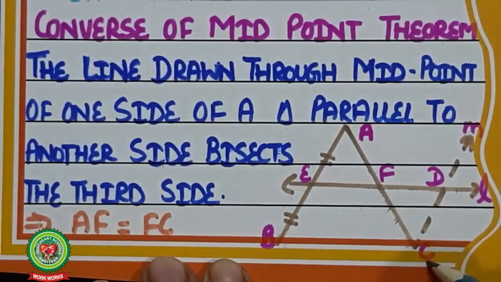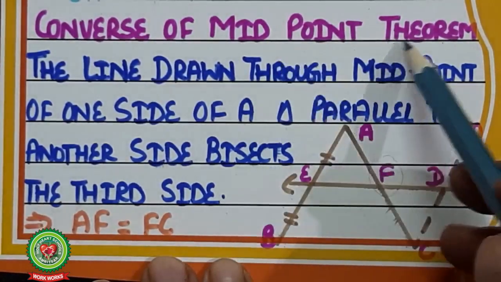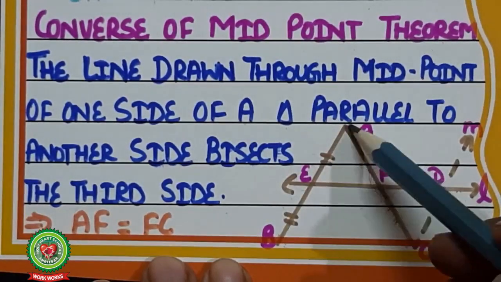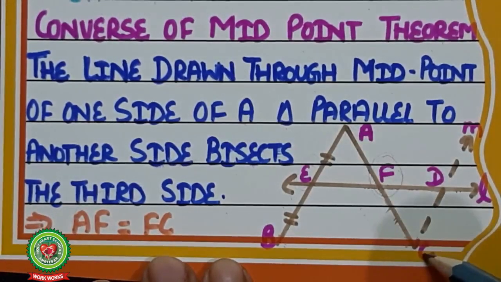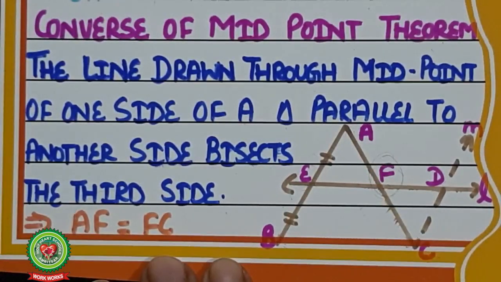This is the third side, and this is the result of the converse of midpoint theorem: F is the midpoint of AC. It means AF equals FC because it bisects AC. Hence, we will do one question related to this result.